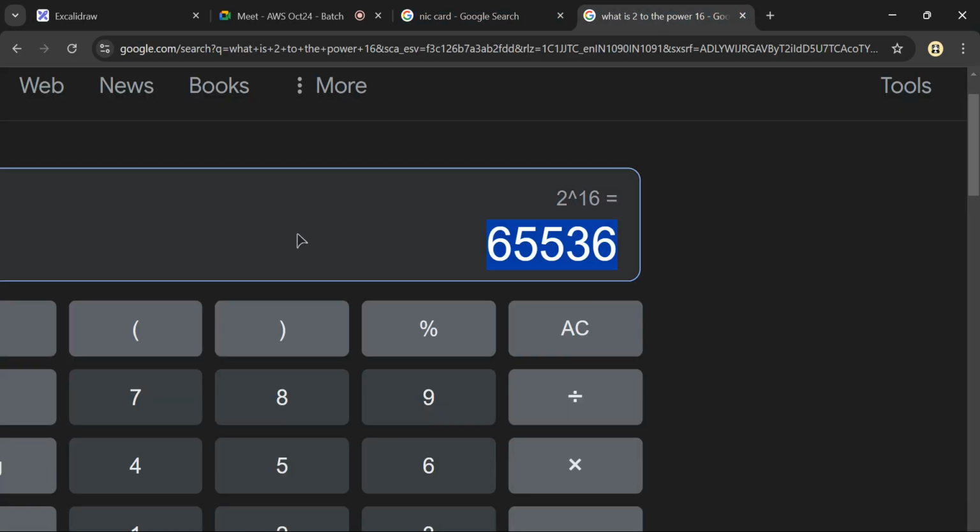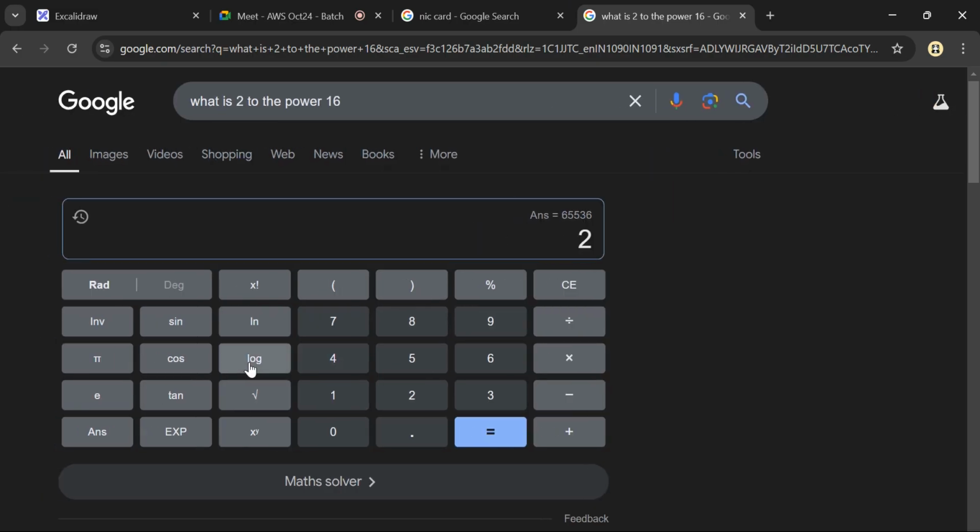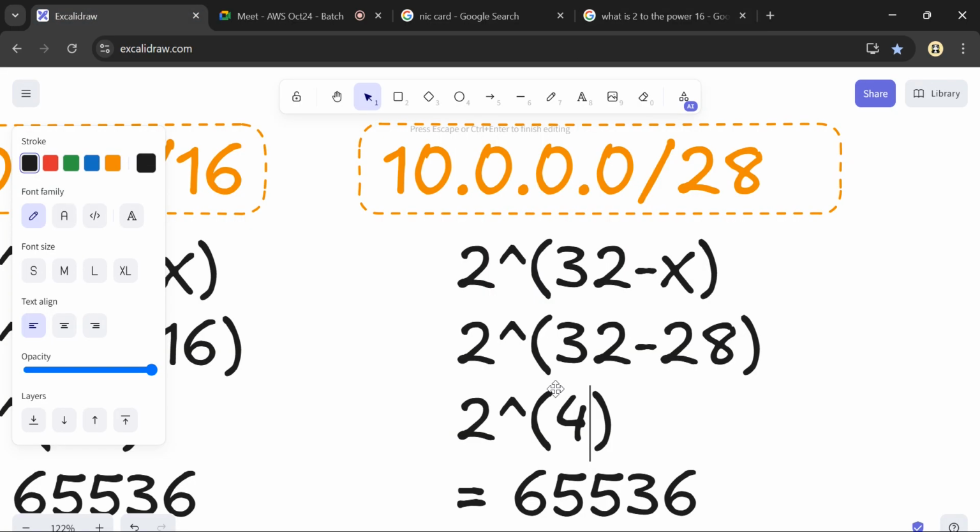And let me check what is 2 to the power 4. 2 power 4 is equal to 16. You can see here the answer will be 16.